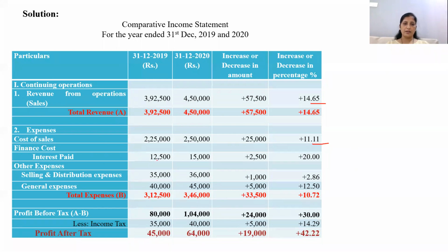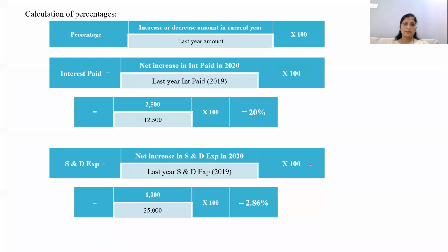Same thing you have to do for interest paid also. 12,500, 15,000, 2,500 is the increase. So it is the net increase in interest paid divided by last year's interest paid, 2,500 divided by 12,500 into 100.